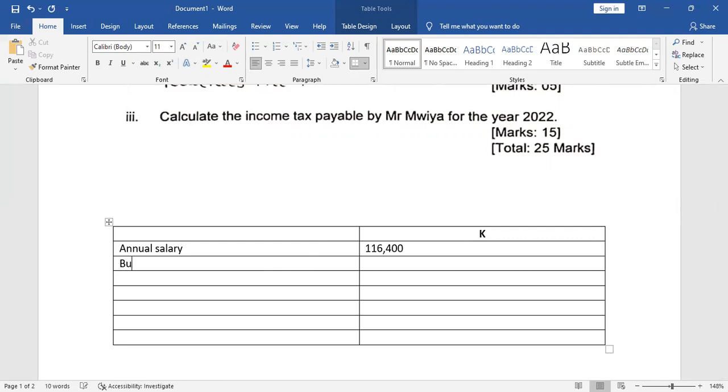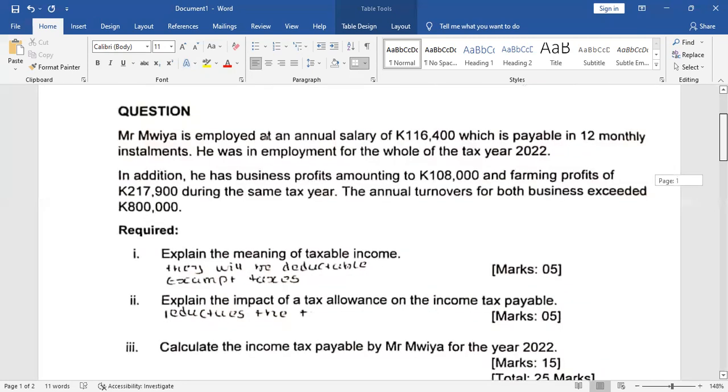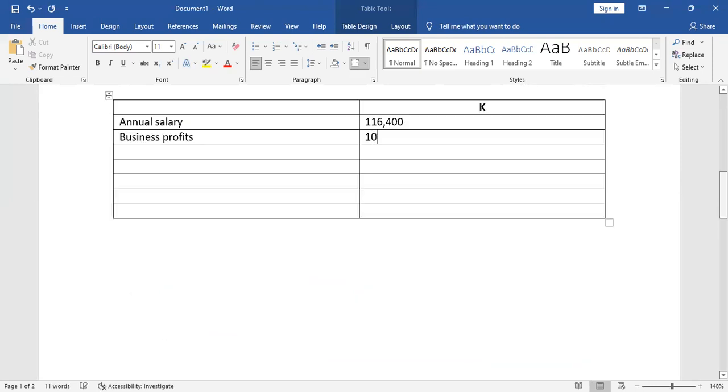Then we have business profits, amounting to 108,000. These two incomes, I'll add them because they'll be subjected to the same tax treatment.